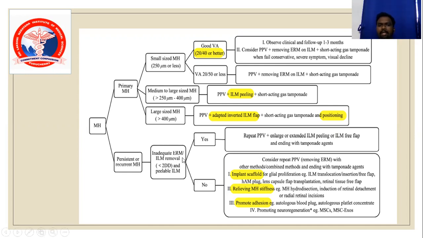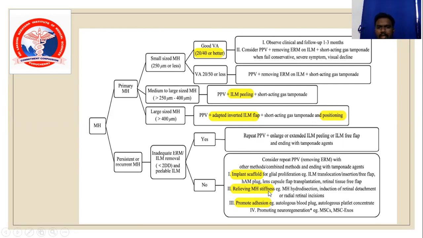While in the absence of any of these two, we can consider doing an implant scaffold for glial proliferation, in the form of an inner limiting membrane translocation or an insertion or a free flap, or we instead can harvest lens capsule flap fragments from the same patient and apply them over the macular hole.